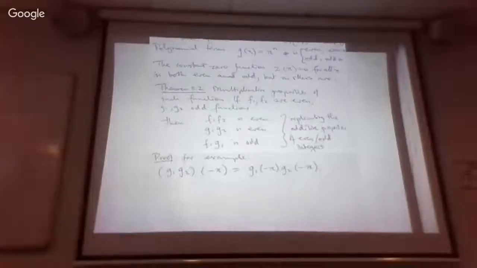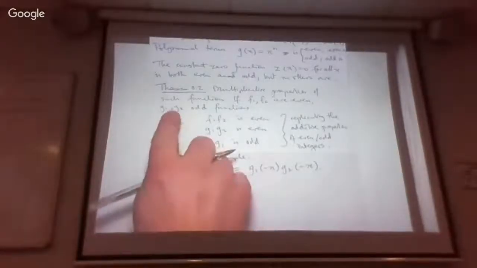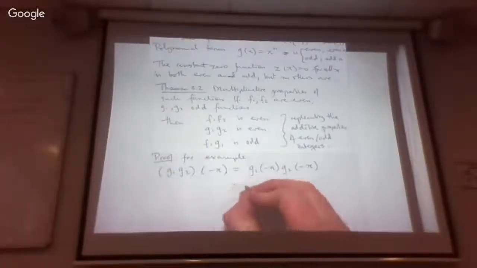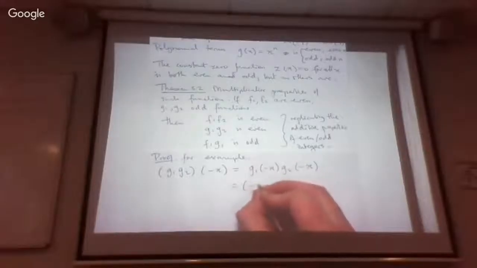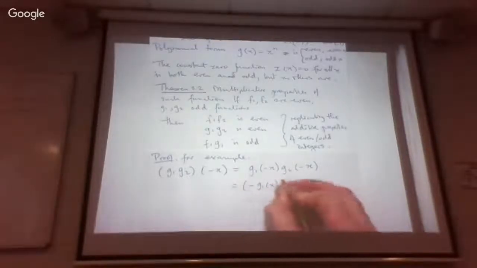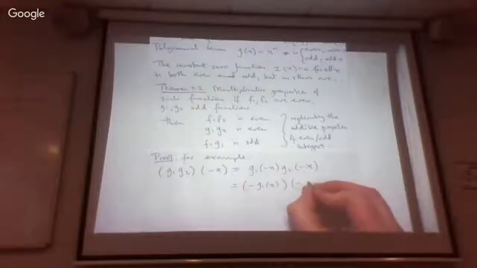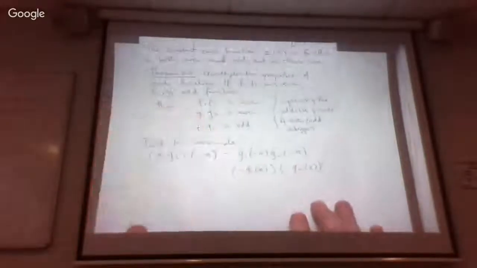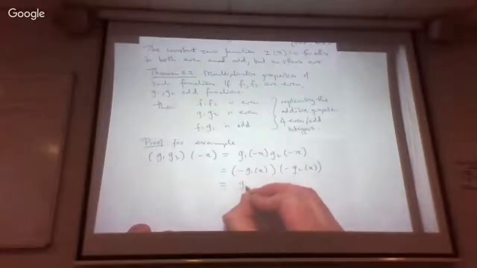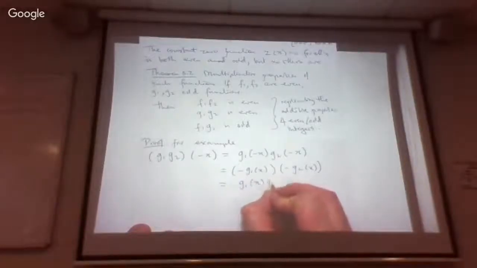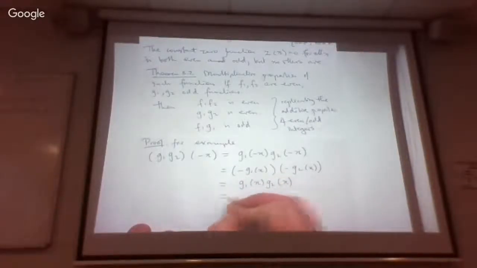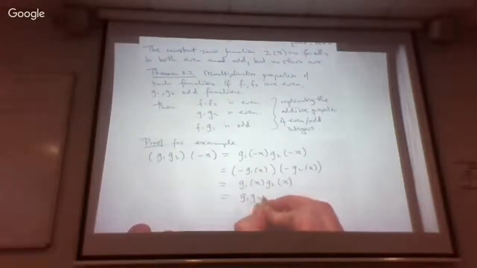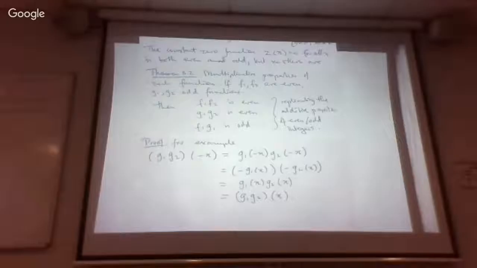But g1 and g2 are both odd. g1 and g2 stand for odd functions. So g1 of minus x is minus g1 of x. g2 of minus x is minus g2 of x. Well, you've got two minus signs in the product there, so they cancel out. You're just looking at g1 of x times g2 of x, which is, of course, the value that the product function g1 times g2 takes on x.